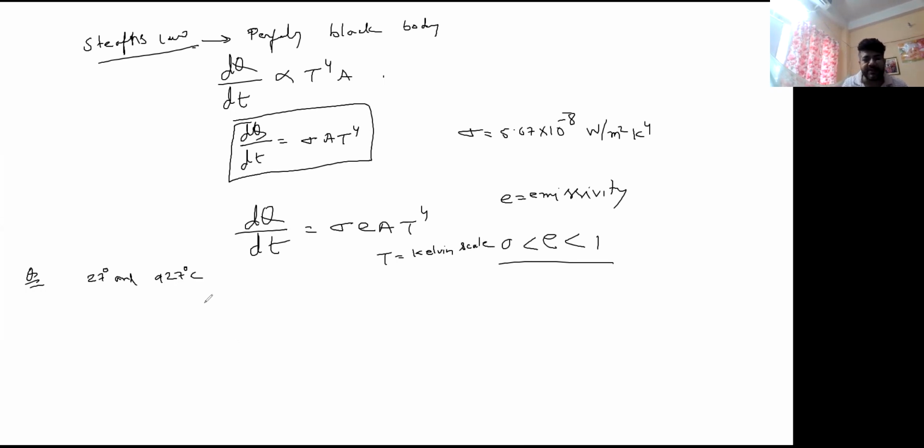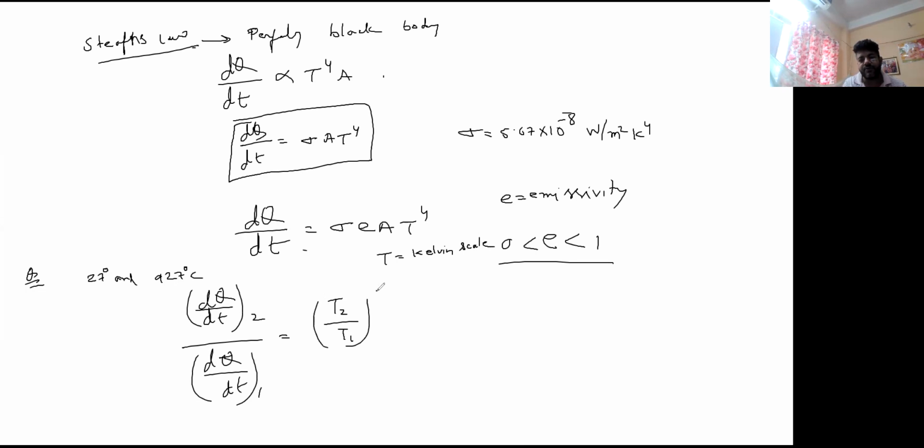So the ratio of the radiant energy, dQ by dt 2 by dQ by dt 1, is directly proportional to temperature 2 to the power 4 by temperature 1 to the power 4. On the Kelvin scale, 927 plus 273 is almost 1200, and this is 300, so the ratio is (300 by 1200) to the power 4, that is (1 by 4) to the power 4. 4 to the power 4 is how much? 1 by 256. Okay, everyone, is it okay?